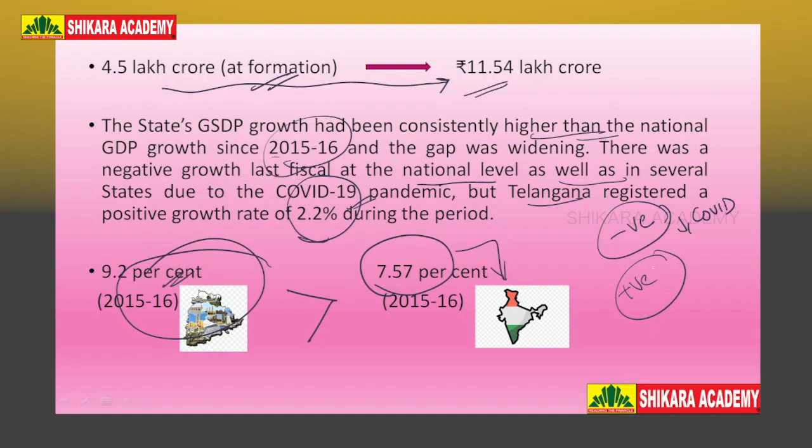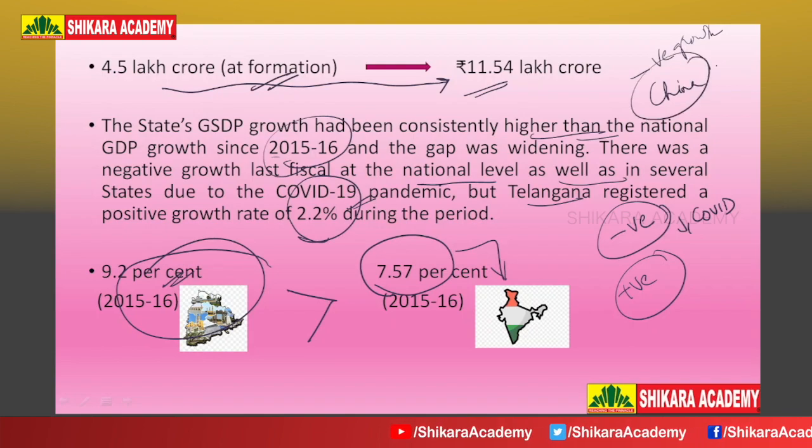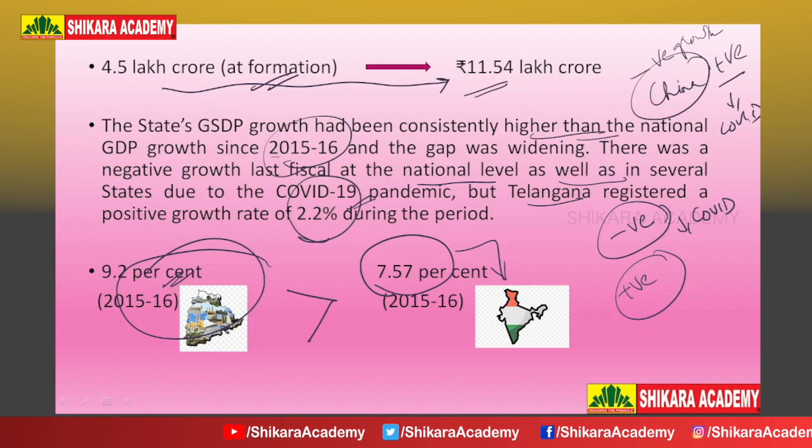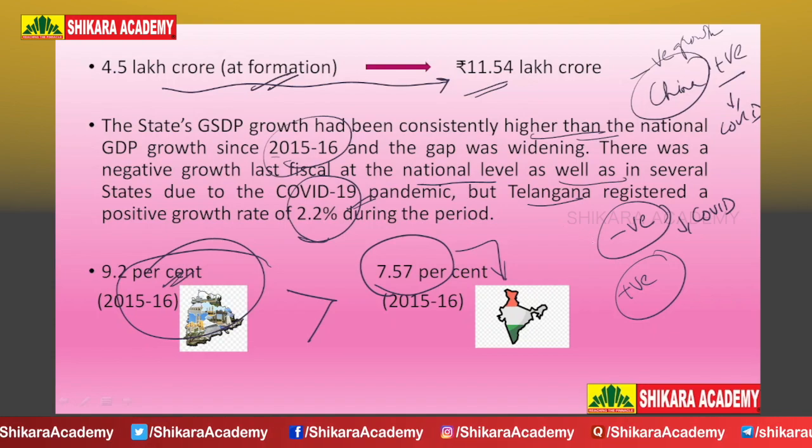Here I need to mention an example. In the global scenario, where all the countries recorded negative growth, China is the only nation that recorded positive growth even during the COVID pandemic. Similarly, Telangana is one of the few states in our country that recorded a positive growth rate.